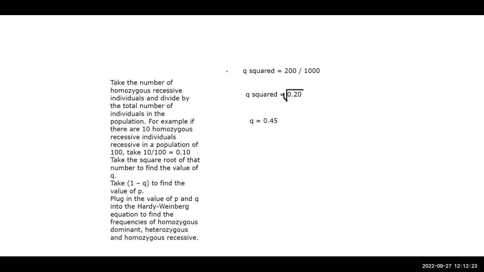Okay, and now that we have our value of Q, and we know that the frequency of the dominant alleles plus the frequency of the recessive alleles will have to equal 1.